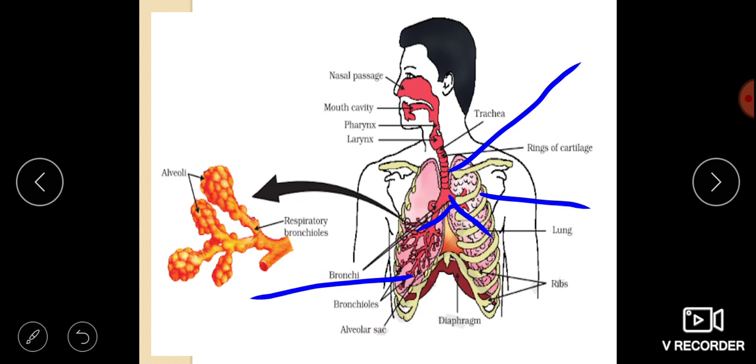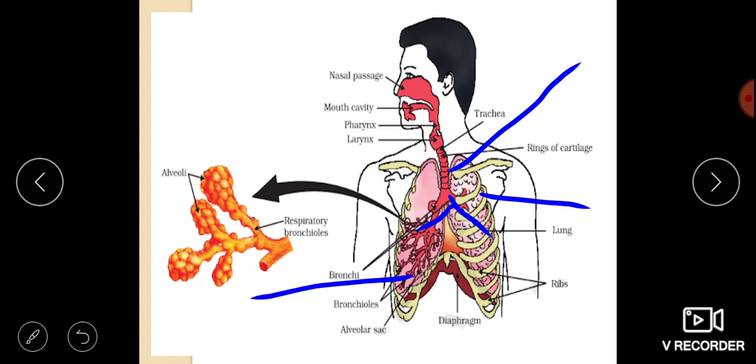The left lung is divided into two lobes, the superior lobe and the inferior lobe, whereas the right lung is divided into three lobes, the superior lobe, the inferior lobe, as well as the middle lobe.